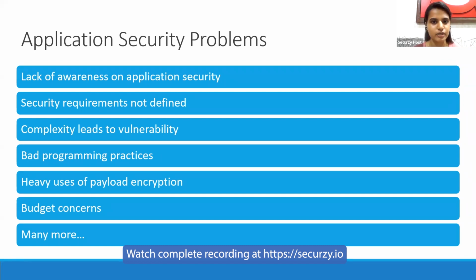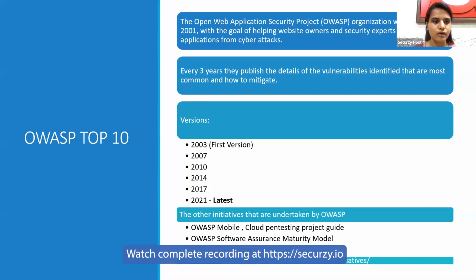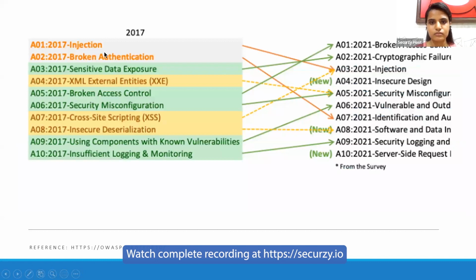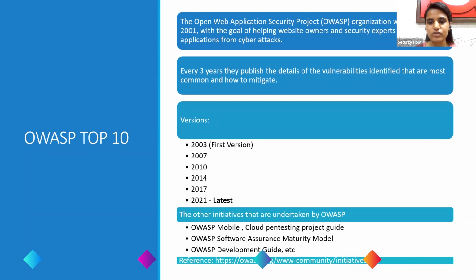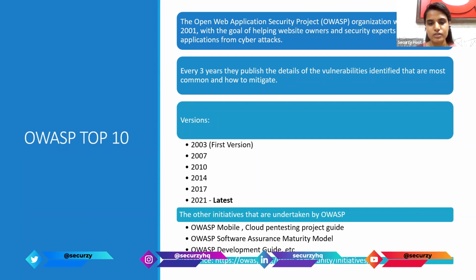So here are a few application security problems, and let's move on to our next slide, that is OWASP Top 10. Let's understand what OWASP Top 10 is. OWASP Top 10 is a publicly shared standard awareness document for developers of the 10 most critical web application security vulnerabilities according to the foundation.